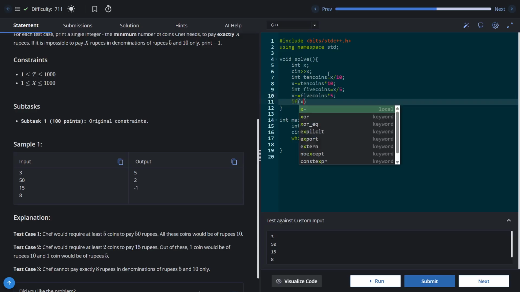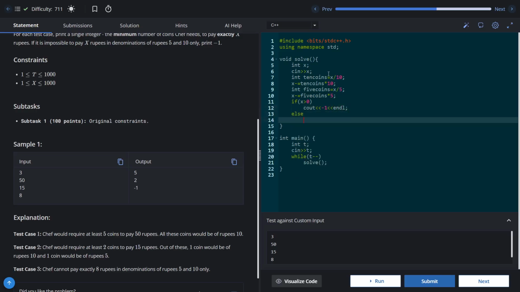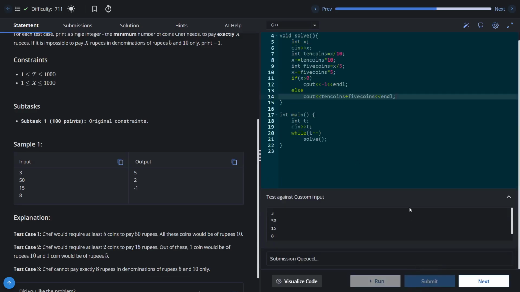If you find that x is greater than 0, in that case your answer is -1. Else your answer is basically 10 coins plus 5 coins, and this is the minimum number of coins that will be spent.